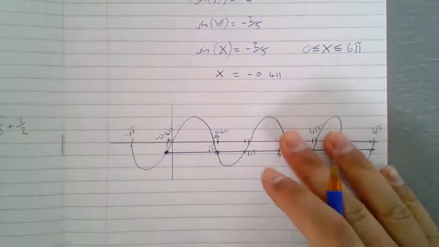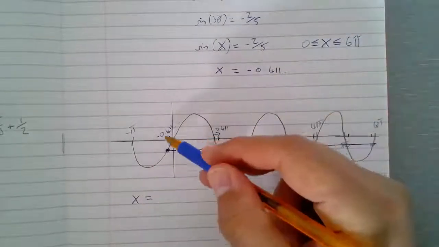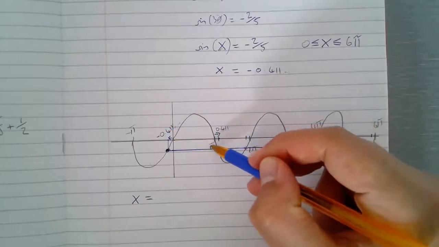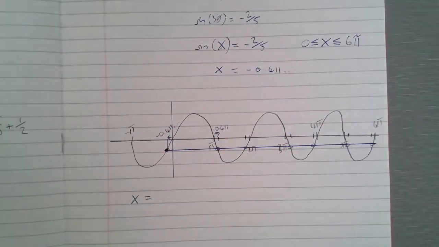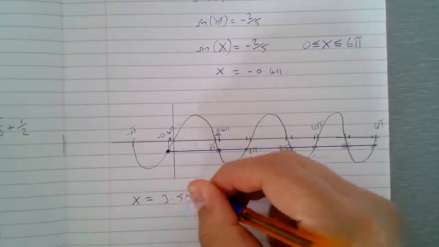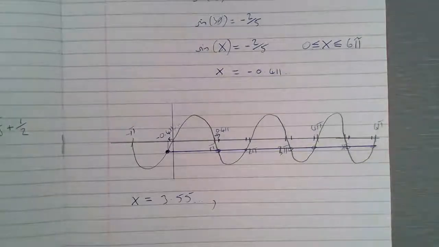So I've got x is equal to, well, I don't count this one because it's outside the range, but this one is pi plus 0.411, which is 3.55, etc. You'll notice that this is not one of the answers in the back, but that's fine, we'll get back around to that one.